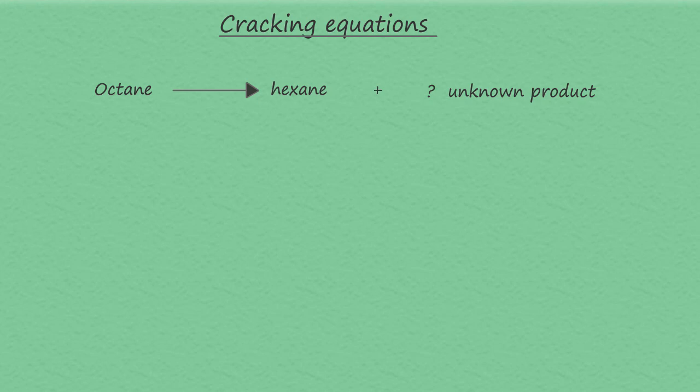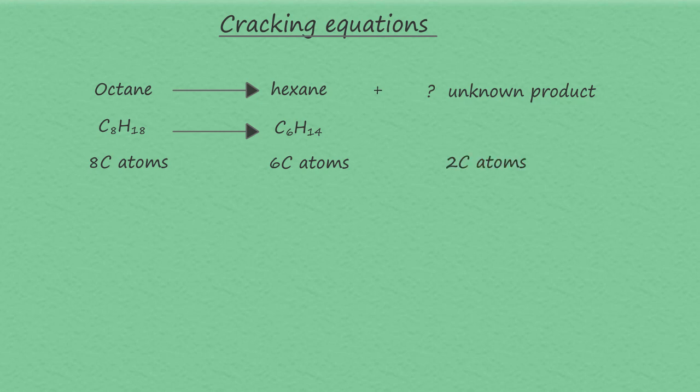Well, simply start by writing the formula for the chemicals that you are given. Now, we can see that on the reactant side of the equation there are 8 carbon atoms, while on the product side there are only 6 carbon atoms. This means that the other compound must contain 2 atoms of carbon.